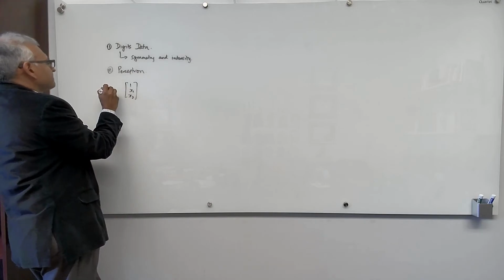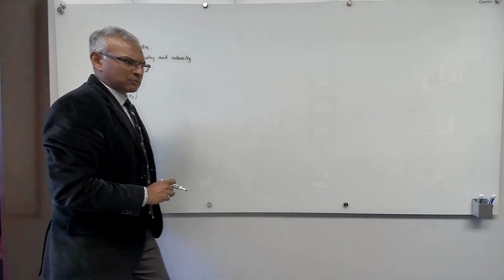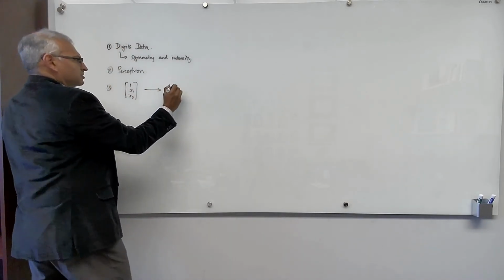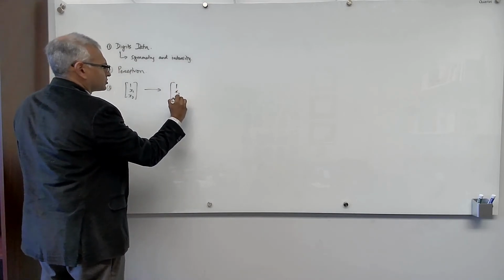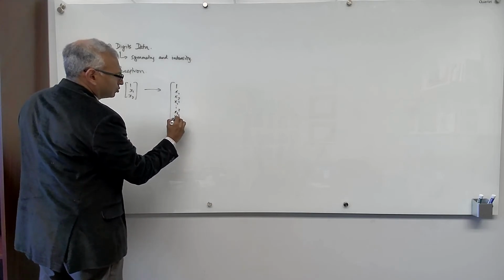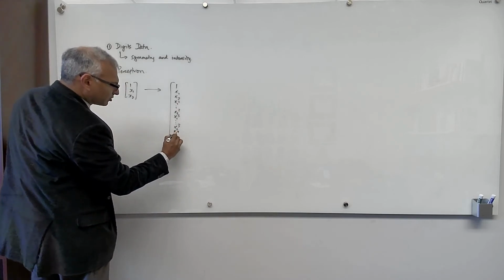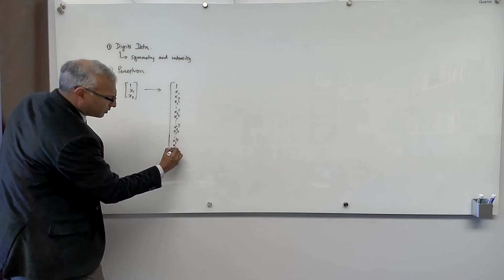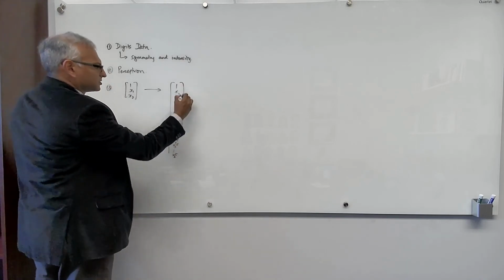Now we're going to see what happens when we use the nonlinear transform, the fifth order polynomial transform. So this is going to get pumped up to 1, x1, x2, x1 squared, x2 squared, x1 cubed, x2 cubed, all the third order terms, x1 to the fourth, x2 to the fourth, all the fourth order terms, and then x1 to the 5, x2 to the 5, all the fifth order terms.